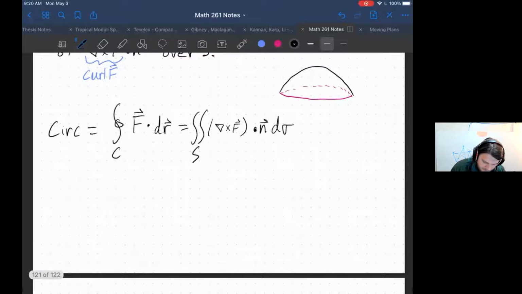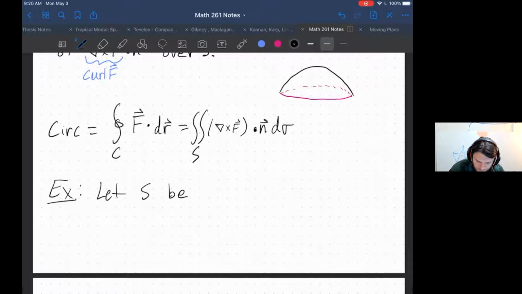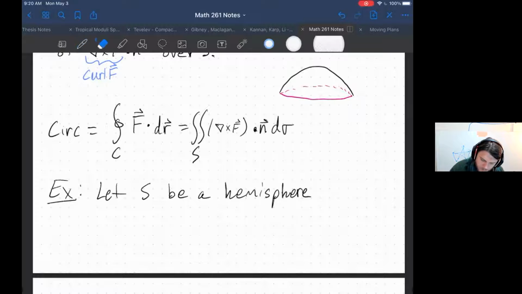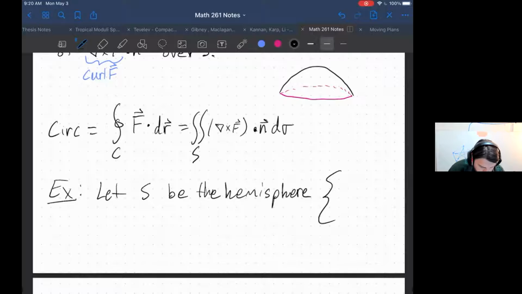So let's do an example and check this out. Let S be the hemisphere given by x squared plus y squared plus z squared equals 9, but with z being positive.